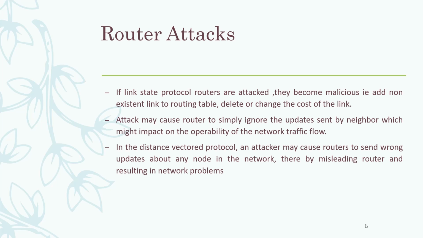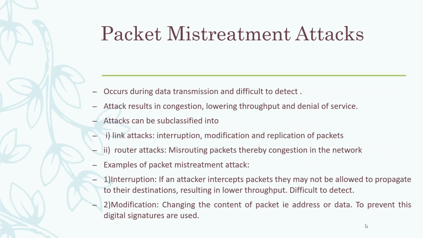Packet mistreatment attacks occur during data transmission and are difficult to detect. This attack results in congestion, lowering the throughput, and denial of service. The attack can be classified into link attacks and router attacks. The link attacks cause interruption, modification, and replication of packets, and router attacks result in misrouting of packets, thereby causing congestion in the network.